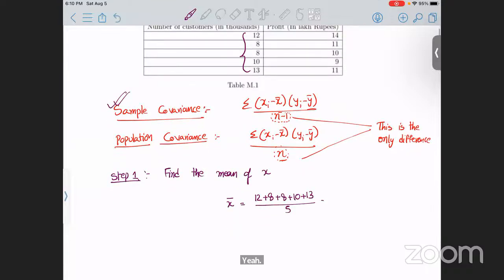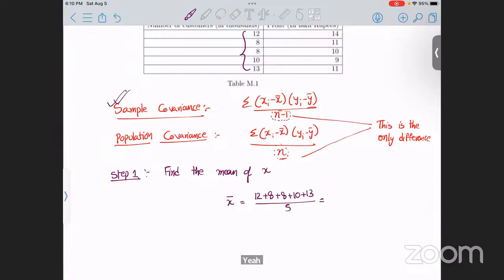Coming to the mean, 12 plus 8 plus 8 plus 10 plus 13, that is 20, 28, 38, 38 plus 13 is 51, divided by 5, approximately 10.2.